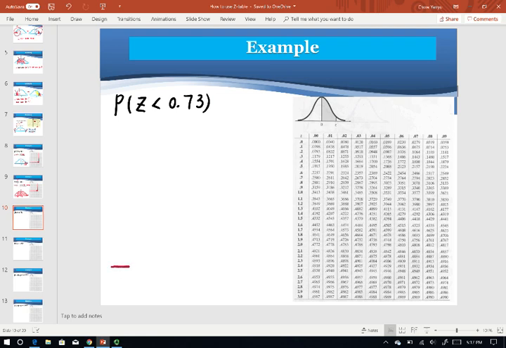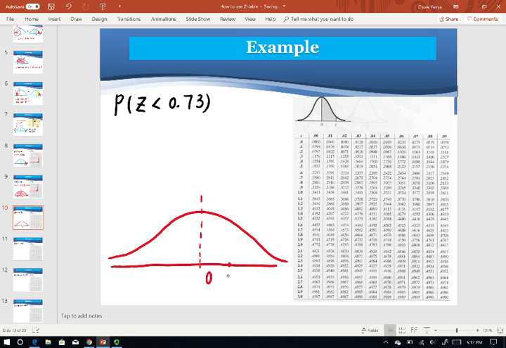Let's draw the curve again. The middle is 0. 0.73 should be somewhere here, and put a line here. Smaller than should be everything on the left.